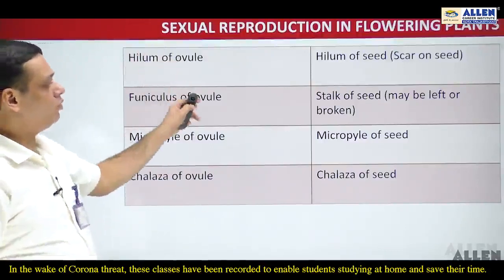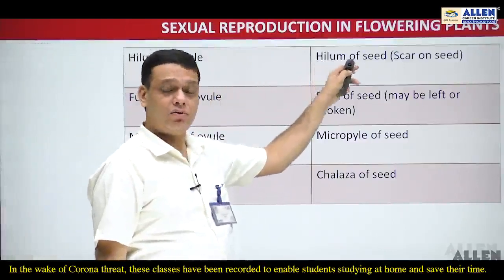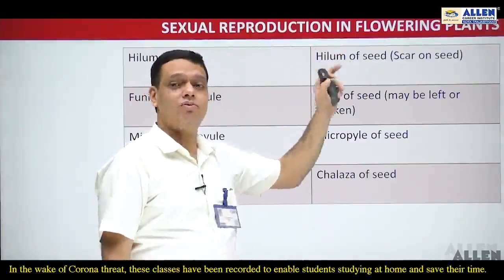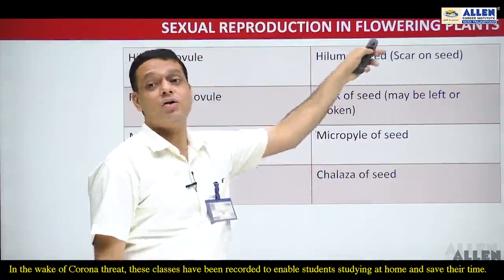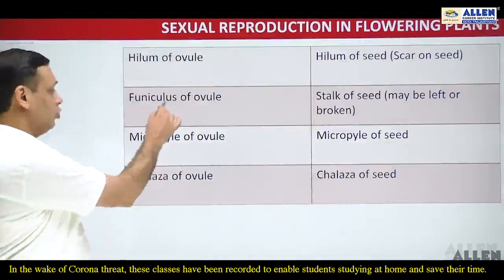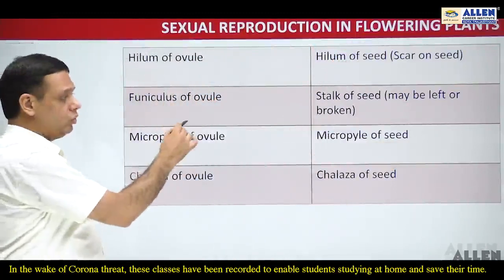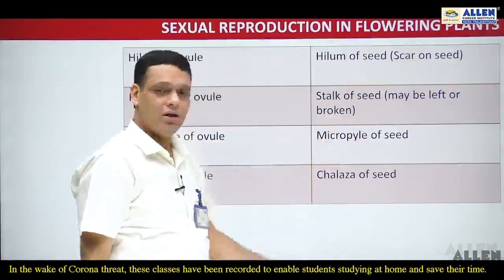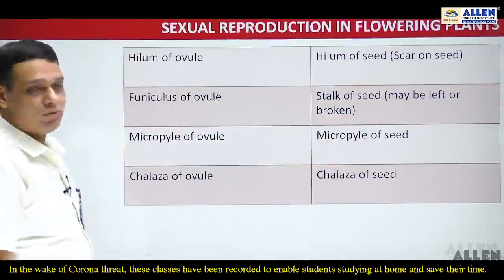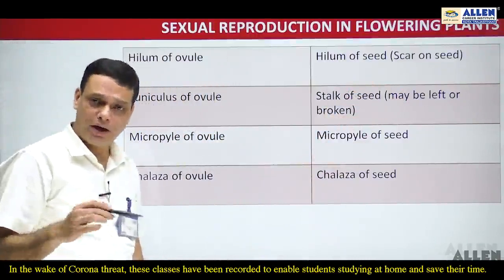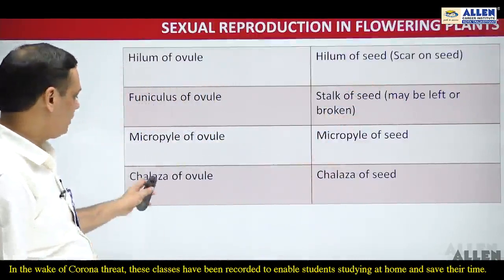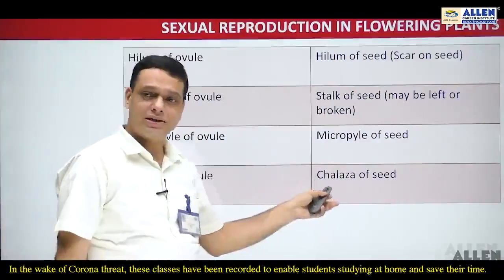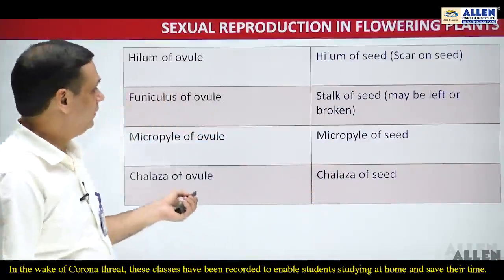That hilum of the ovule is considered as the hilum of the seed, present in the form of a scar on the seed. Funicle, the stalk of the ovule, is the stalk of the seed. It may be left or it may be broken. The micropyle of the ovule is considered as the micropyle of the seed after post-fertilization, and the chalaza of the ovule is considered as the chalaza of the seed.